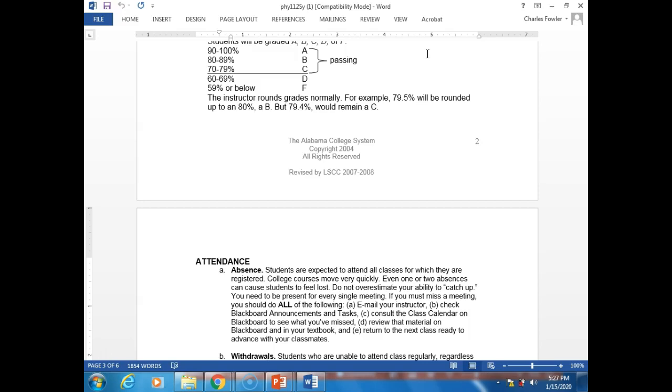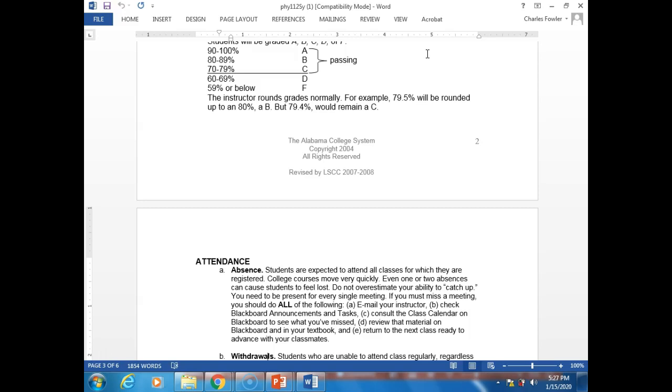Okay? Now, I don't know who did this. I have a real good suspicion of who did it. They put in the next couple of sentences that don't make any sense. So I changed them. I wasn't supposed to, but I had to. Here's what was originally written: the instructor always rounds grades up, never down.